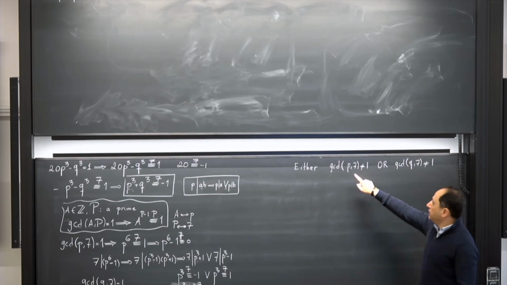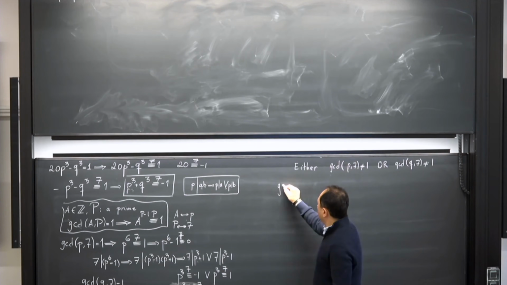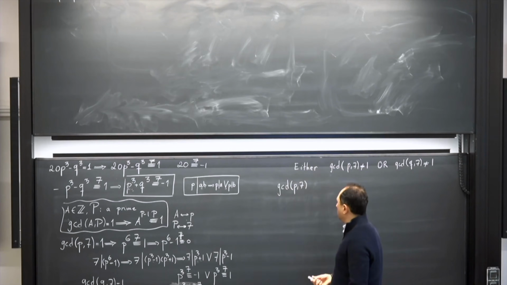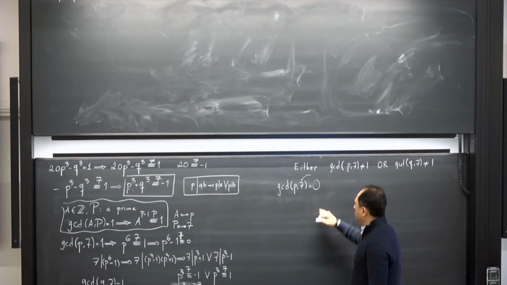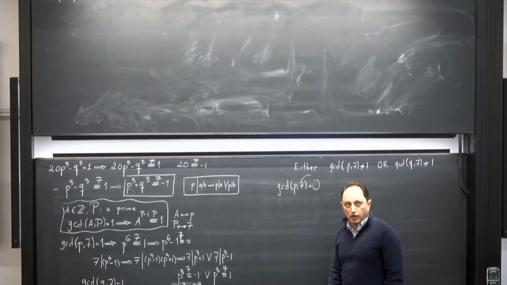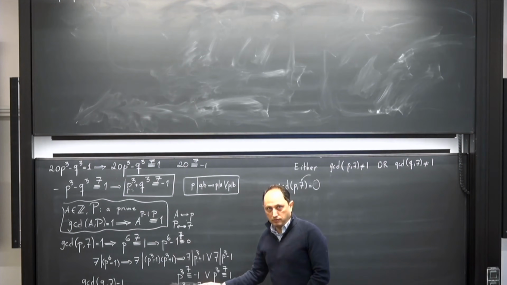But on the other hand, because p is a prime number, if I ask you what can you say about GCD of p and 7 in general, you know that should be a number that divides 7 and divides p. So this means that this number is either 1 or 7. If it is 1, I am in trouble. It doesn't work.